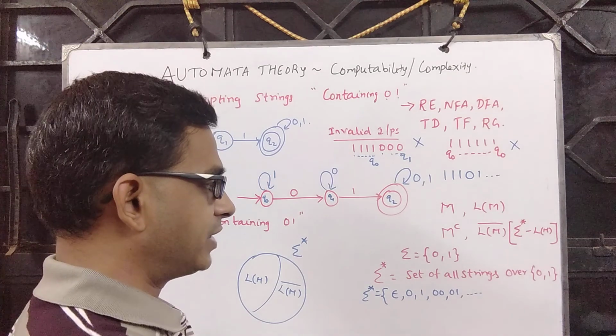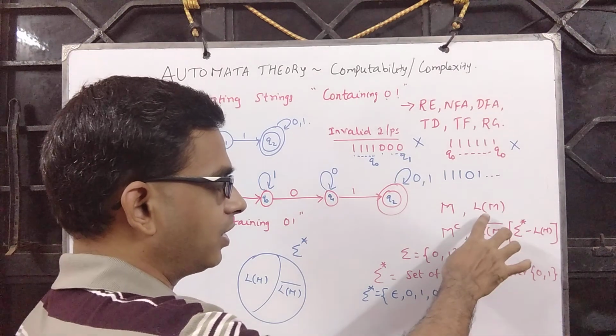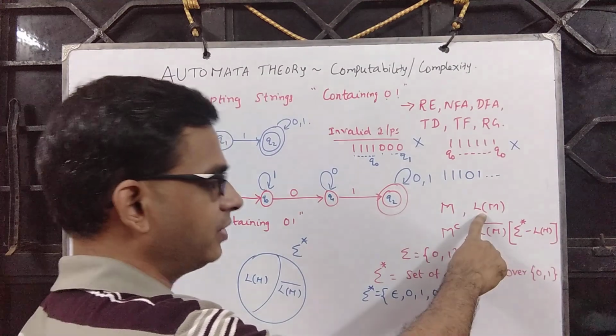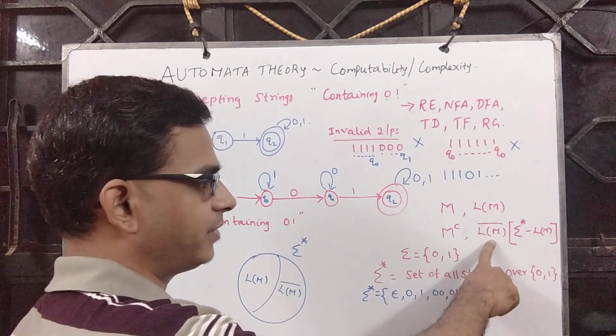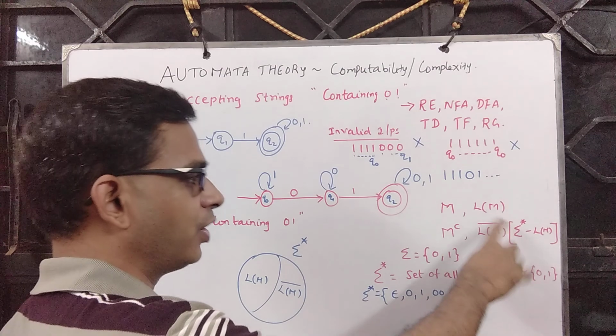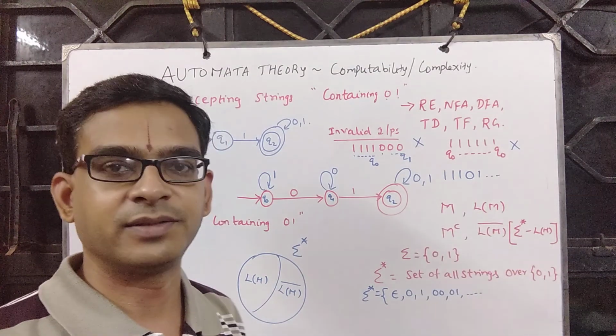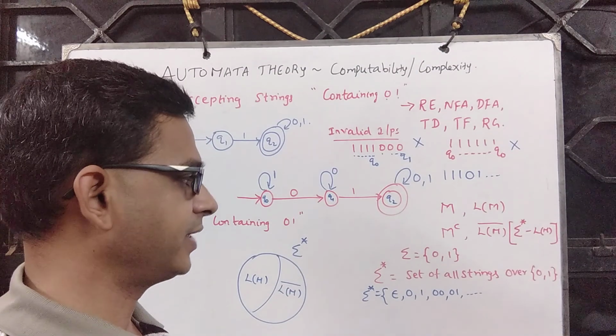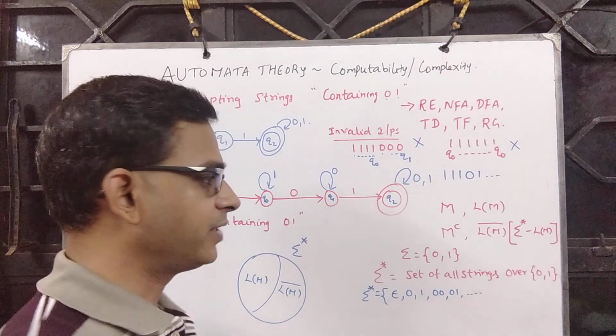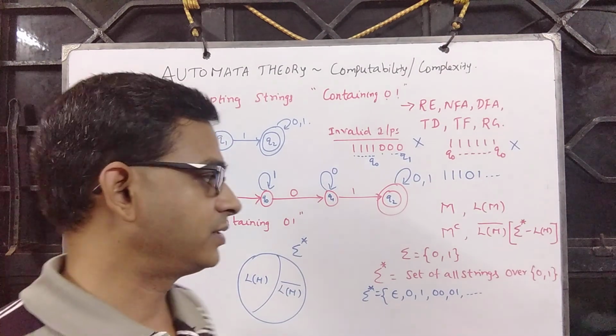So strings that are accepted by this machine should not be accepted by the other machine, and strings not accepted by this machine should be accepted by the other. That's precisely the essence. That gives you the complement language.